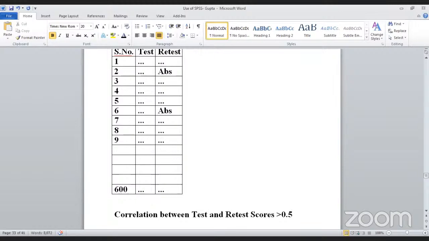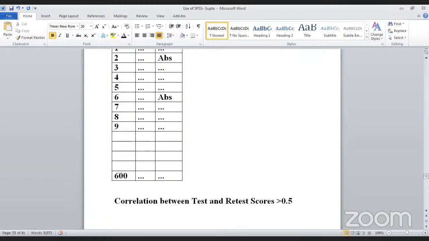Now here I am asking you the question: why is the correlation value always positive here? Can any one of you answer this question? You did not answer.